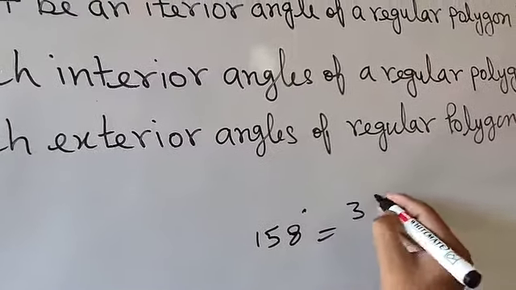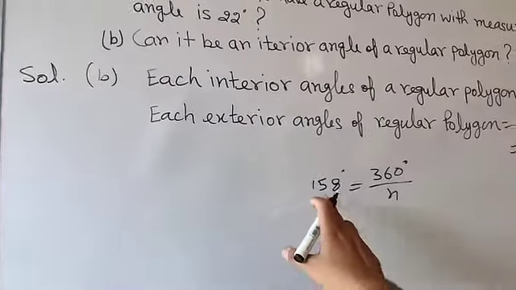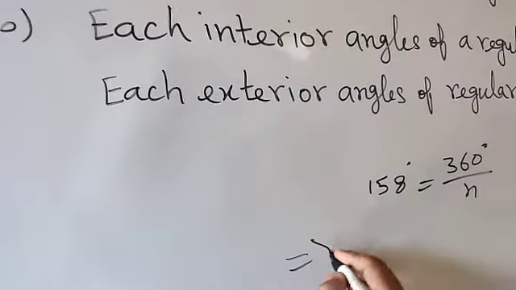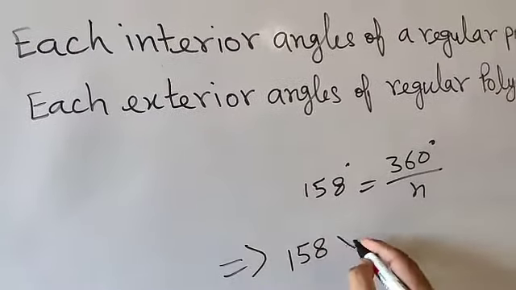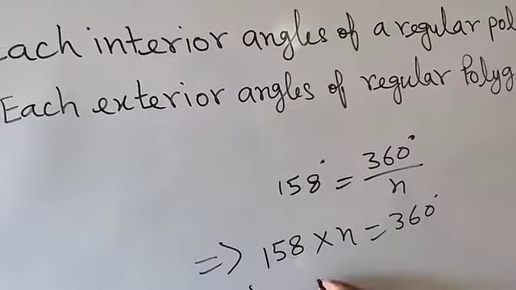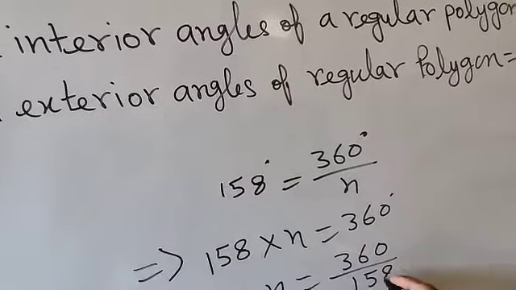Then we have a formula: each exterior angle equals 360 upon n, where n is the number of sides. So 158 equals 360 upon n, which can be written as 158 into n equals 360, so n equals 360 upon 158.